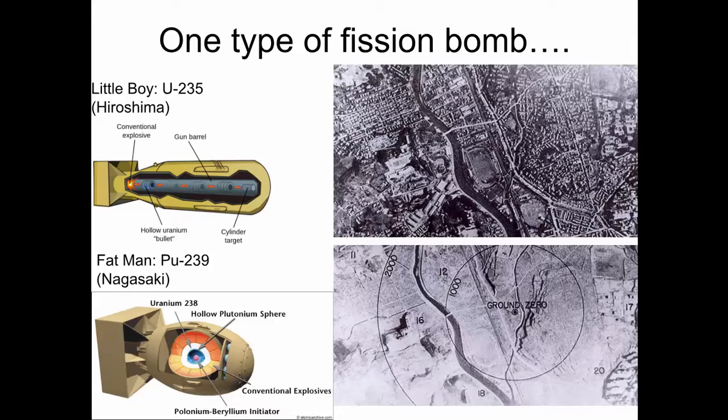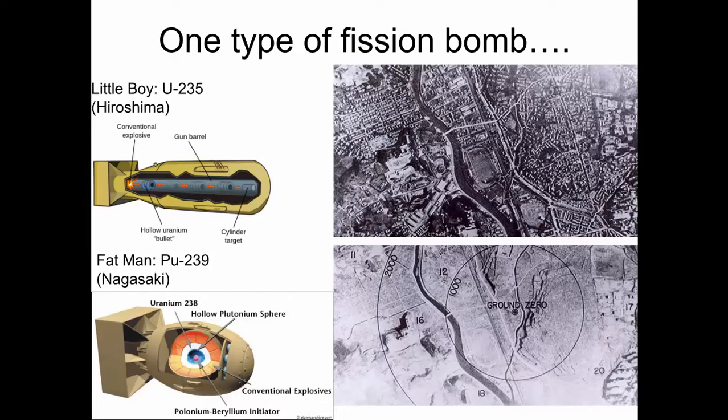People understood you could make a weapon out of this nuclear material, and there was a race to see who was going to develop the first nuclear bomb. In the United States, the government brought together scientists from all over the world to refine the technology to produce a nuclear weapon. The U.S. was the first country to develop a nuclear weapon, and also to use one.